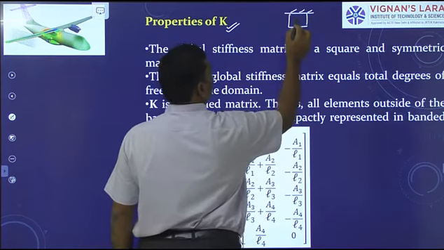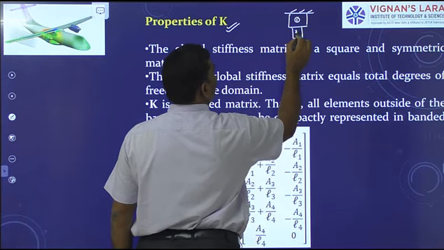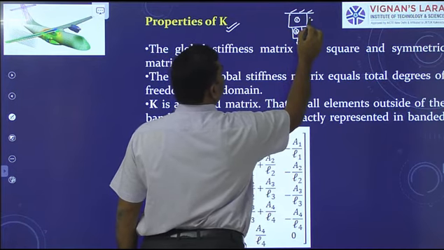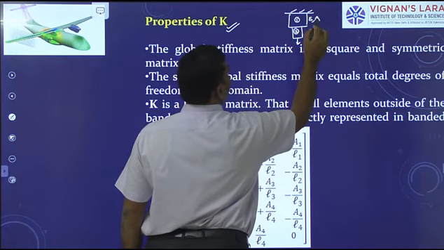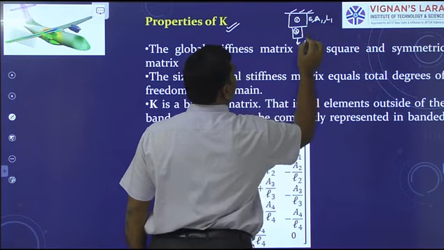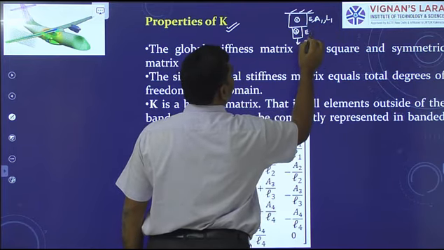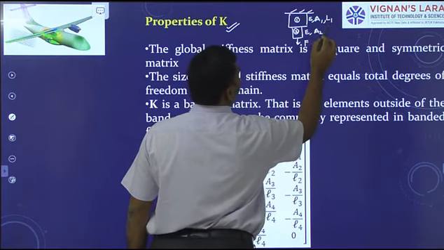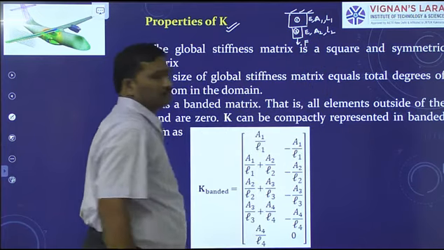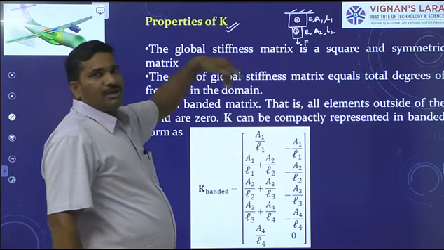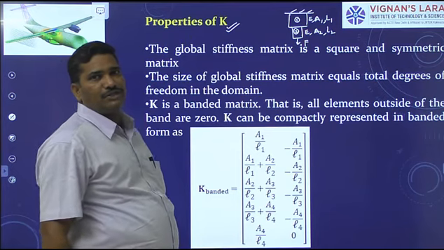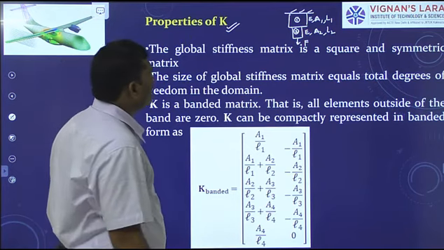This is the first element, and this is the second element. Young's modulus E, cross section area A1, length L1. Young's modulus E, cross section area A2, length L2. The entire body is made of the same material. Therefore, Young's modulus is the same.